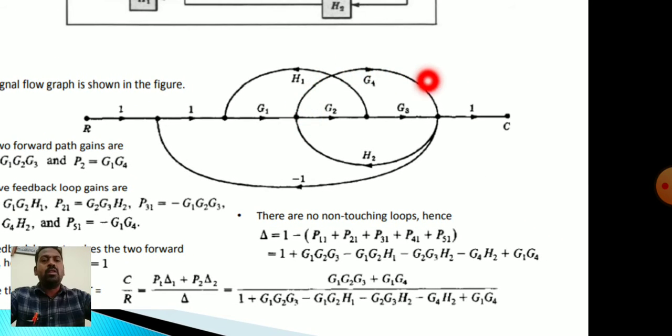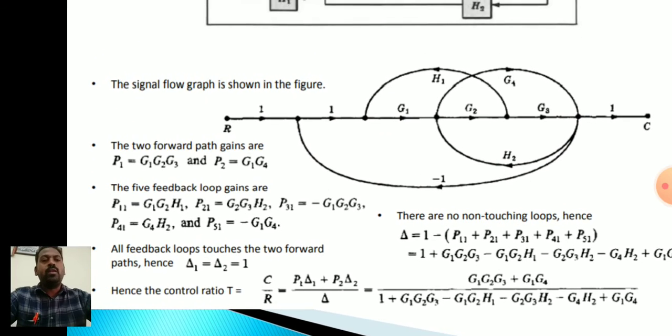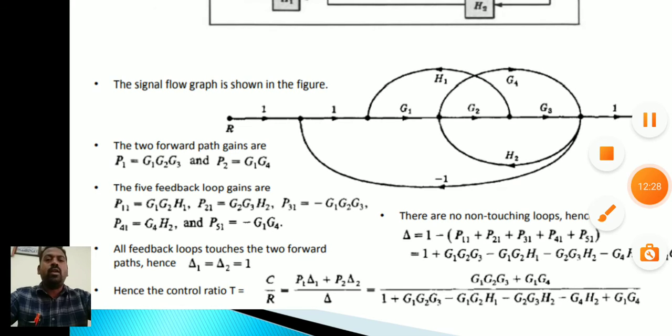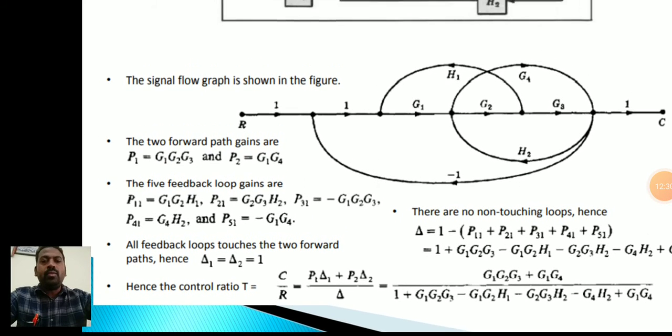This is also one more loop. This is one loop, and this is the last loop from here, and once again you can take here to here. This is one loop. If you take this one, another loop. So hence there are 5 loops. That is shown here.